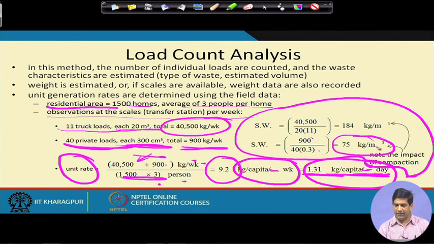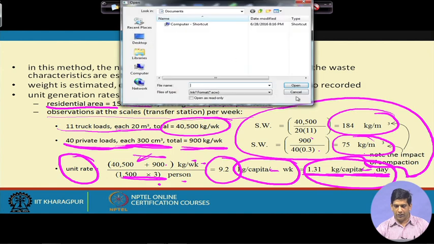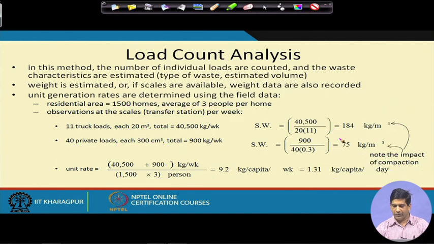So the density in the private load is 75 kg, but when you go to the compacted truck, it's 184 kg. Compacted trucks help in carrying more, and by compacting the garbage we have increased the density by nearly 2.5 times.